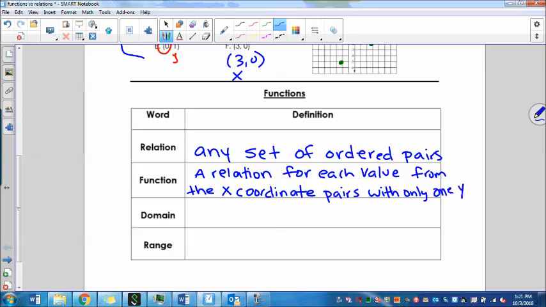Okay, so for example, a function, if you have 1, 2, then you cannot have 1, 3, because this is the same x coordinate going to two different y values.